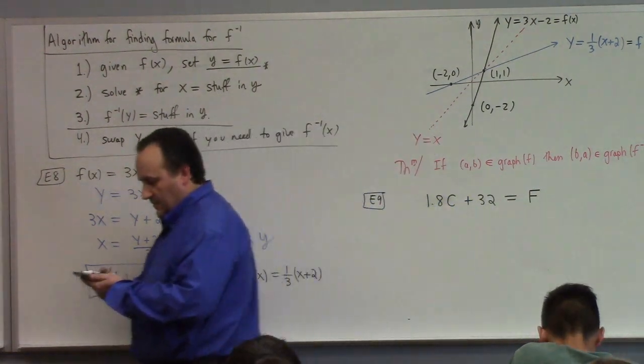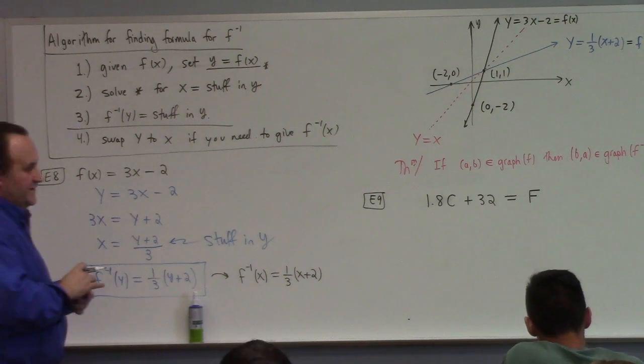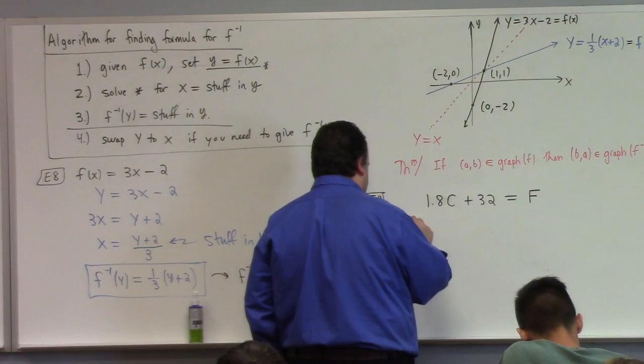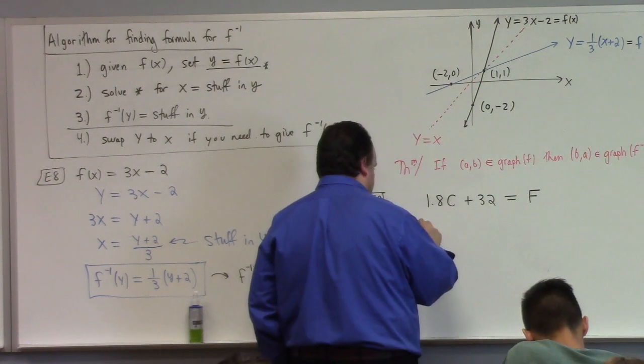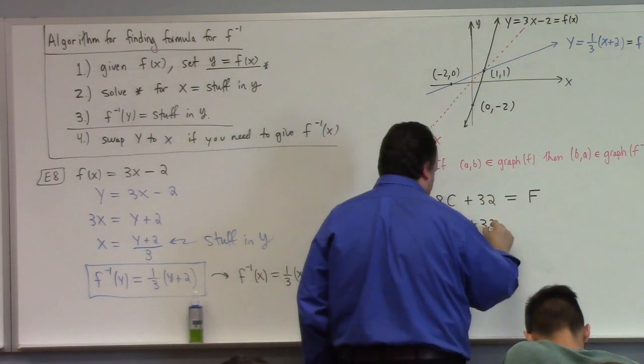So we can think of it this way. f of x is 1.8x plus 32.